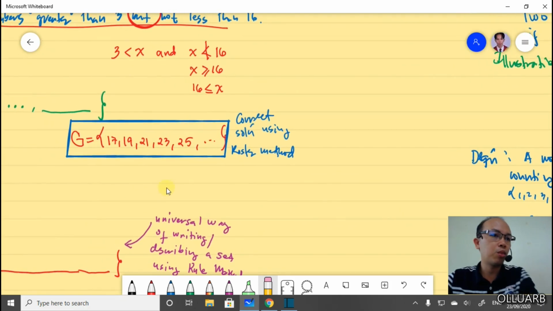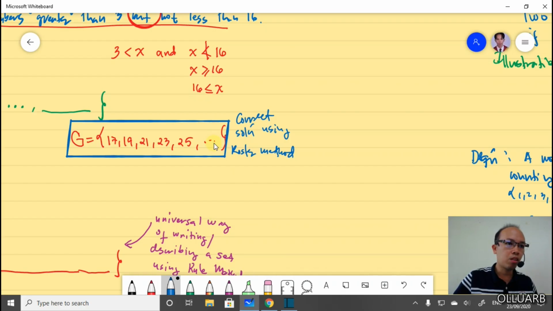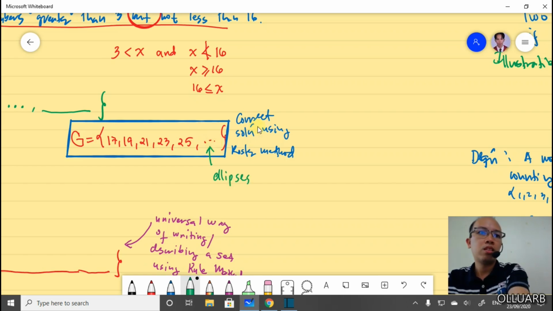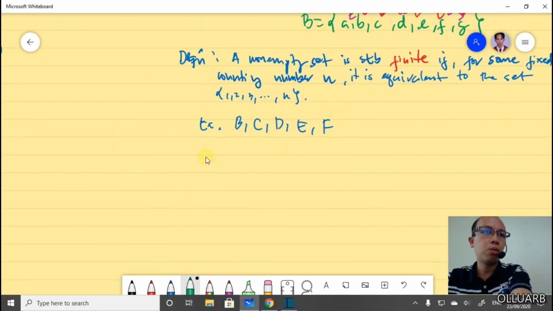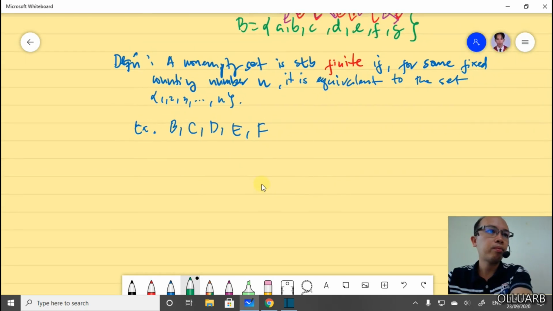We correct ourselves before that, we have a dot here. By the way, these three dots, if I remember it correctly, are called ellipses. Okay, so that's what we mean by a finite set.